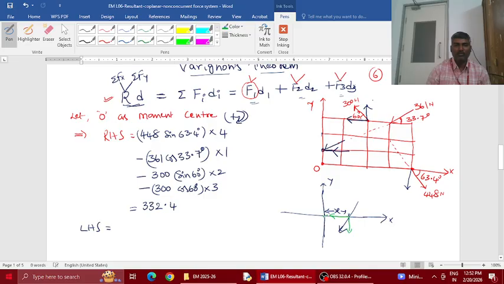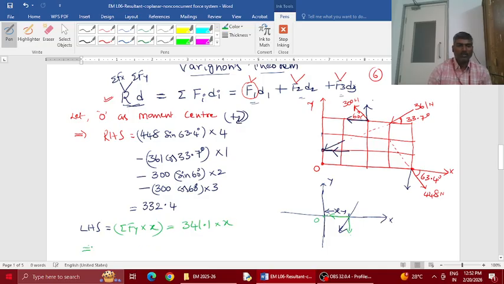The X component passes through this moment center O, so zero moment. And the Y component, sigma Fy, into the distance x. What is the Y component? 341.1 into x. This is the left hand side.